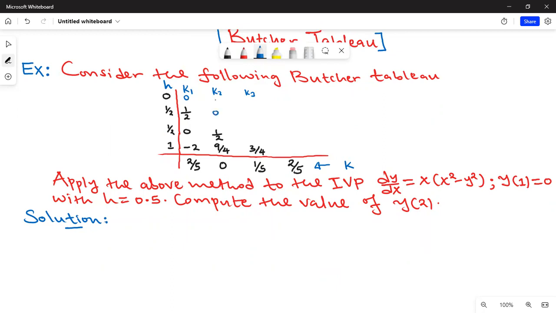Here we have 0, another 0. Again, we have 0, 0 in that order. Those are zeros, which you don't need to write.